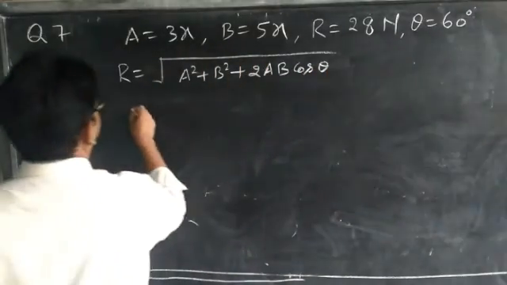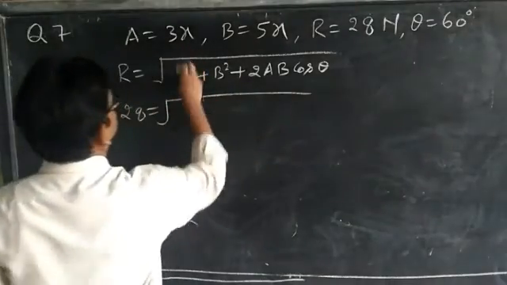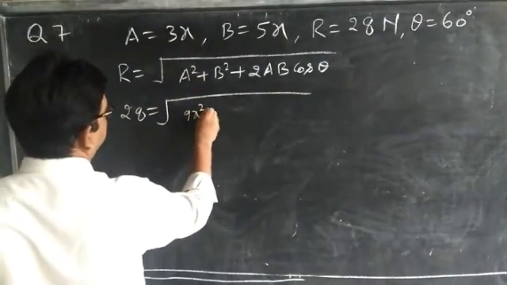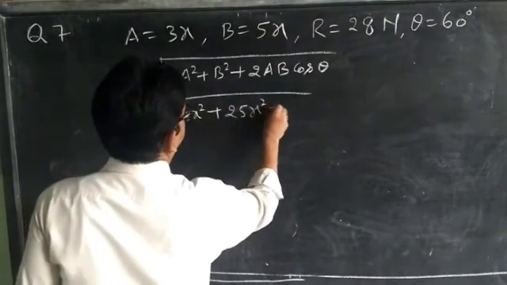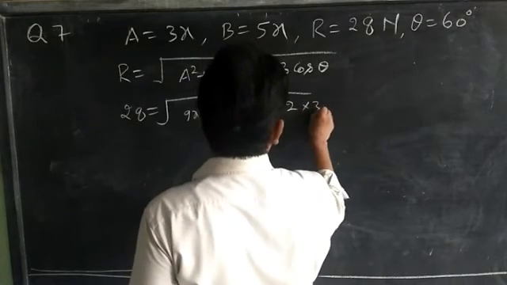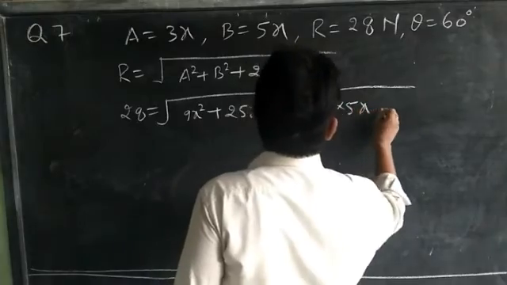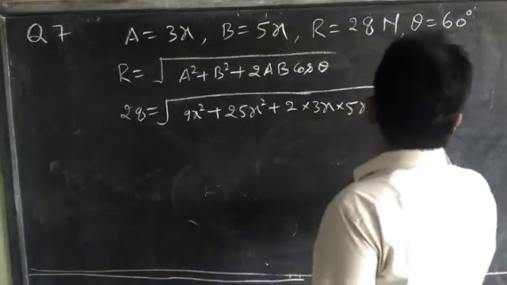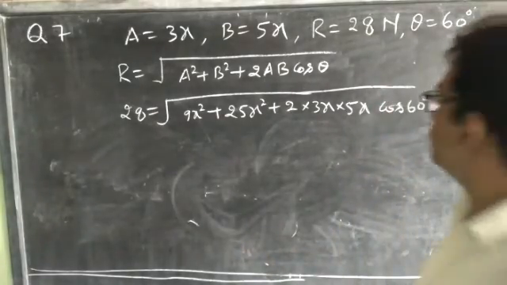R, 28, is equal to under root A square, that is 9x square, plus B square, 25x square, plus 2 into 3x into 5x cos 60, and the value of cos 60 is 1 by 2.